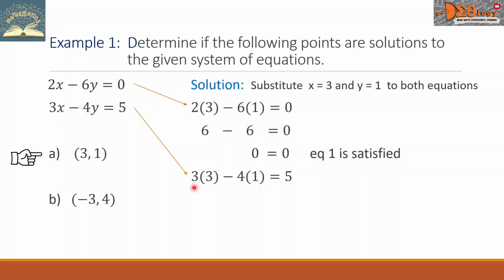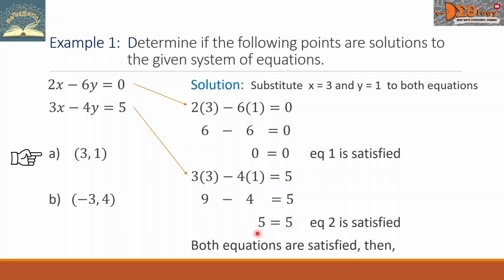It becomes 3 times 3 minus 4 times 1 equals 5. 3 times 3 is 9 minus 4 times 1, that is 4, equals 5. 9 minus 4 is 5 equals the right side 5. So equation 2 is satisfied. Then both equations are satisfied. That means this 3, 1 is a solution.